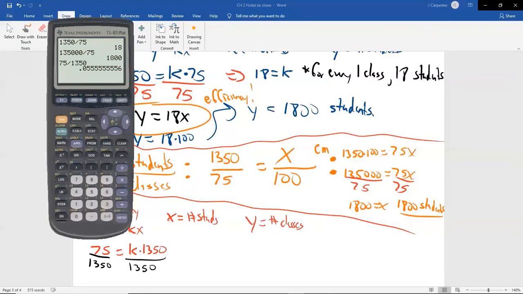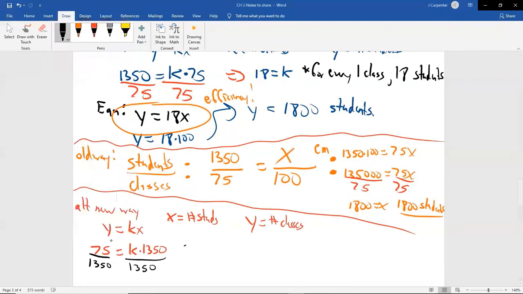You could reduce the 75 and the 1,350 by 5 or by 25, all sorts of options. We already know that 1,350 divided by 75 is 18. So if I reduce this completely, what you'll get is 1 over 18 is equal to K, if you reduce that as a fraction. So then our equation is now y equals 1 over 18x.